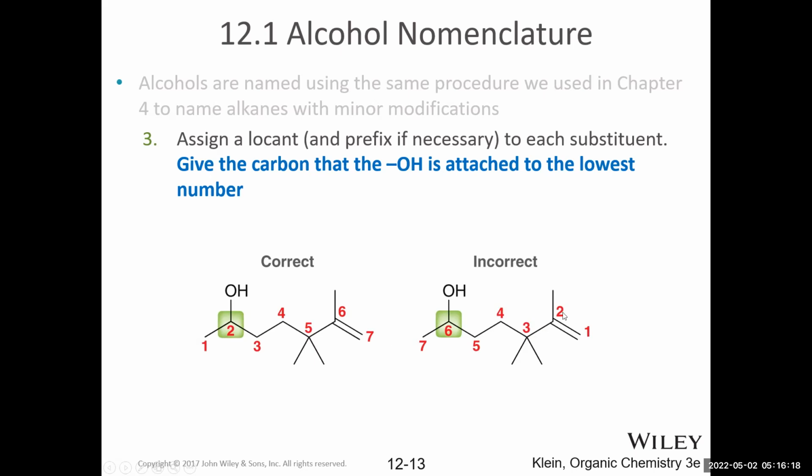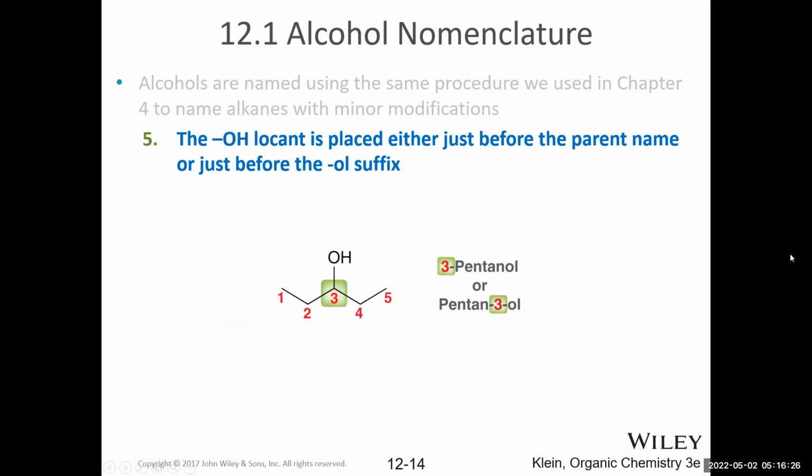This way would give lower numbers for the alkene, but remember that the alcohol has priority over alkenes and alkynes. And then we need to include that locant for the alcohol in the parent. So you have to place it before the root, pent, or after the root, pentan, and before the "-ol". So 3-pentanol or pentan-3-ol.